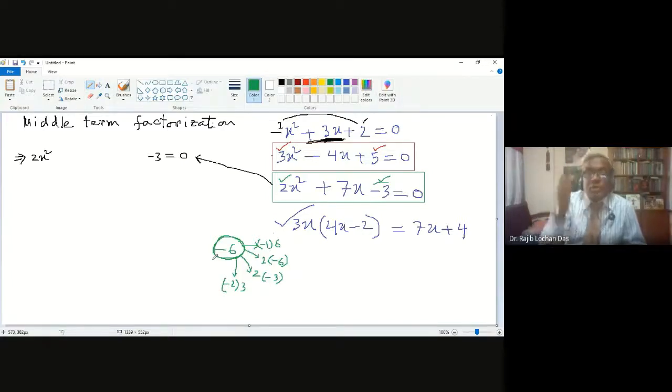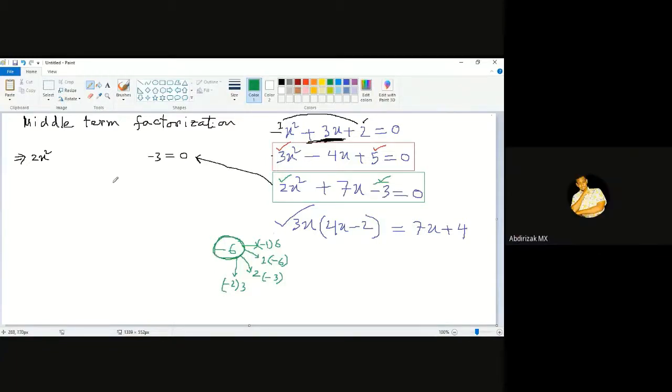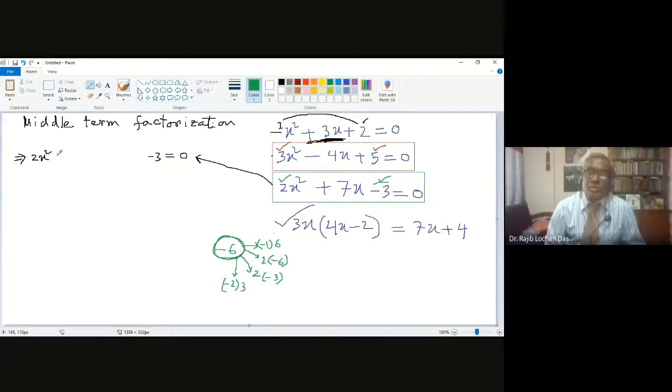So, will it work? Which one will work? What did you say earlier? 6 and 1? Sir, 1 minus 6. So if you write plus 1x and then minus 6x, is it 7?